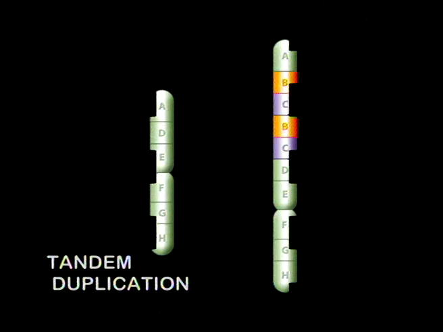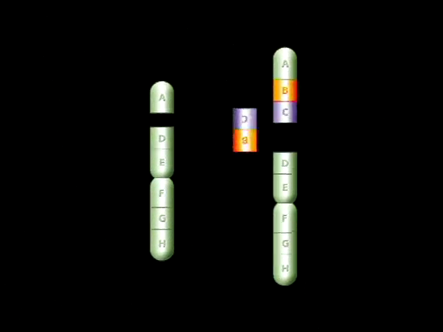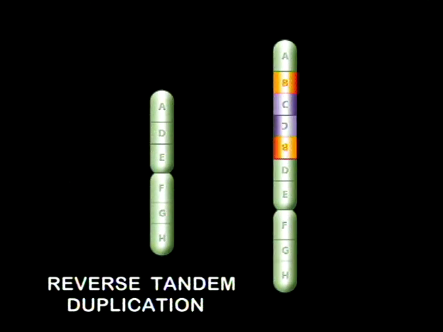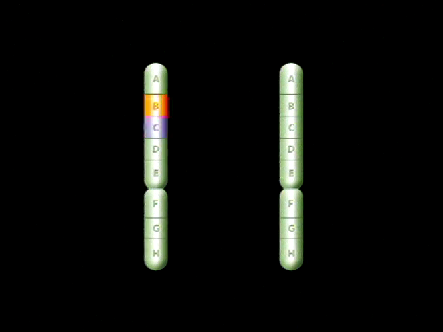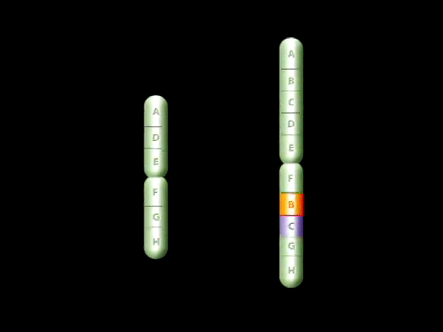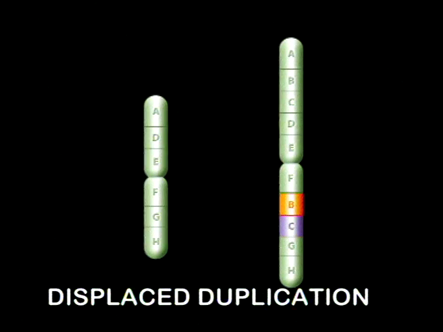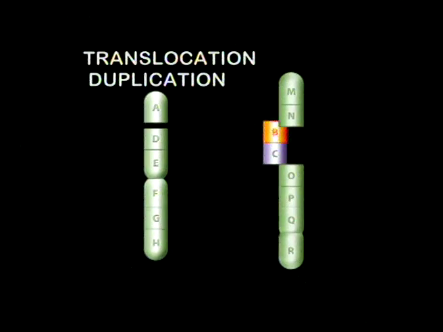When the gene sequence in the extra segment is in the opposite order of the original, it is known as reverse tandem duplication. In some cases, the extra segment may be located in the same chromosome, but away from the normal segment. Such cases are termed displaced duplications. When the duplicated segment is located in a non-homologous chromosome, it is called translocation duplication.